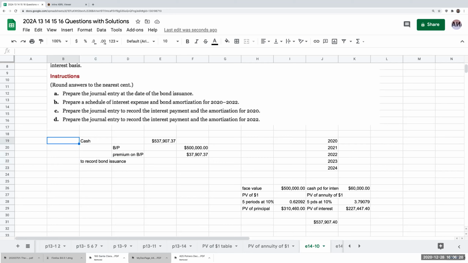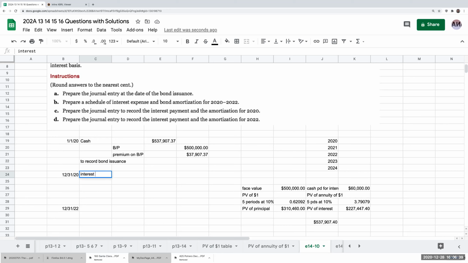So this is my journal entry at the date of the bond issuance. At 12/31/20 and 12/31/22, whenever I'm paying interest and I'm in a premium situation, the journal entry never changes.